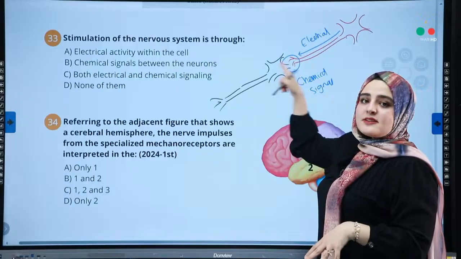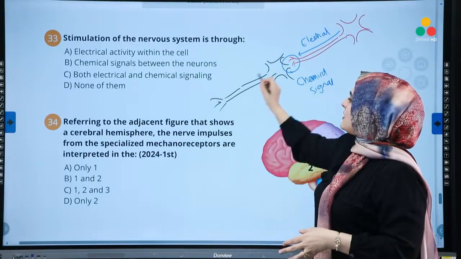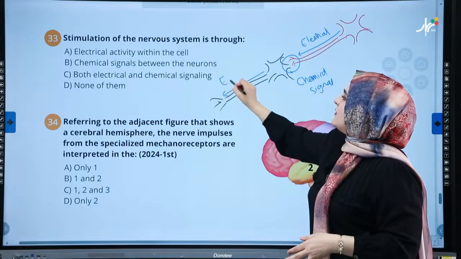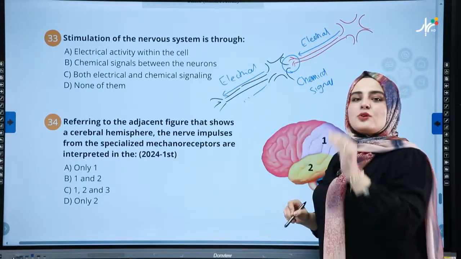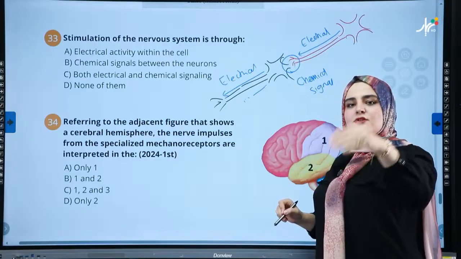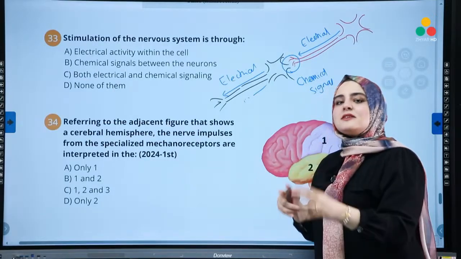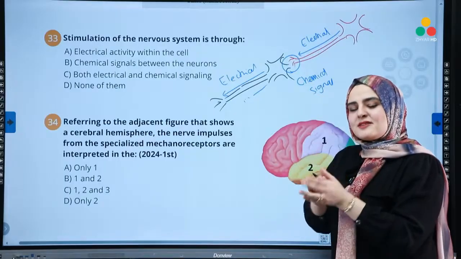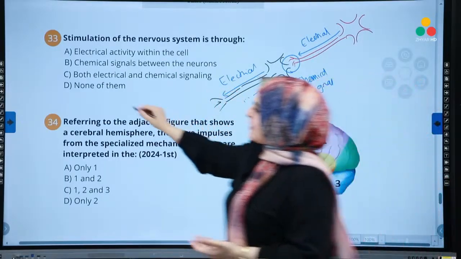That chemical signal is going to be read here again, and they process it and make it into another electrical impulse, okay? So it's electrical, chemical, like that. Within the cell, in the axon, is electrical. Between two cells is chemical signaling. That's how they do it, and that's how we got our answer.